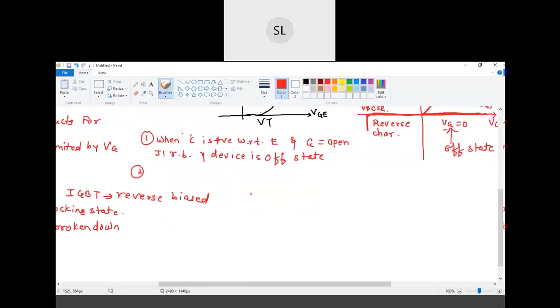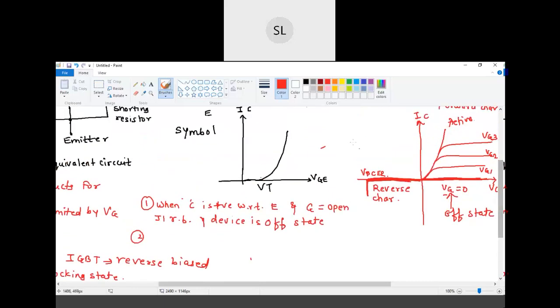So this indicates that for negative collector to emitter voltage, initially the IGBT will be in the reverse blocking mode, okay. Now if we increase this VCE beyond a voltage called the reverse breakdown voltage, the breakdown of junction J2 will take place, because of which a large amount of reverse current will flow through the IGBT, okay. So this is about the forward and reverse characteristics of the IGBT, okay.